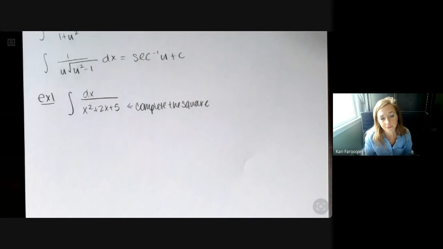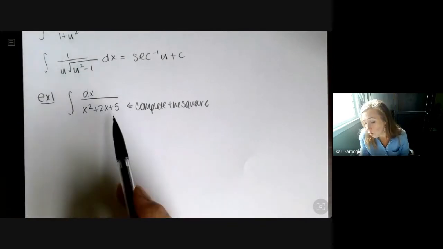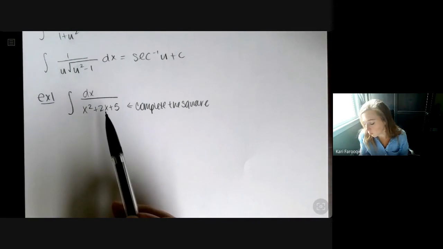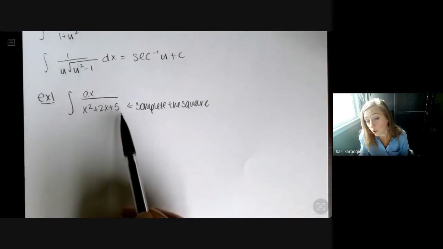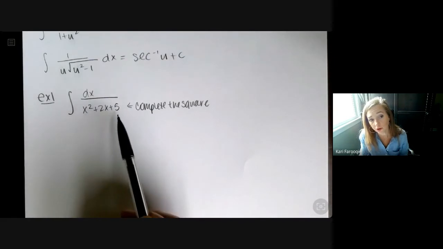Now, by the way, when I talk about partial fractions on Wednesday, and I know some of you are like, nope, too much information. Don't tell me right now. I want to wait till Wednesday. This is important though. So I really want you to understand the difference. When we're working on partial fractions Wednesday, you're going to see integrals that look like this, but they're most of the time going to have a trinomial that's factorable.